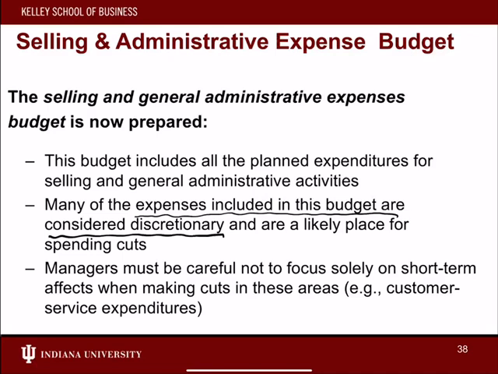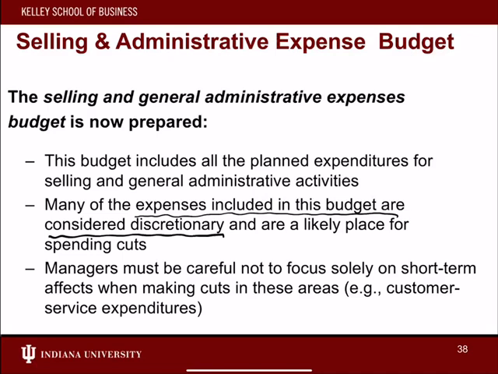But sometimes what you can do is go back and ask, where can we cut costs? Where can we decrease our marketing expense or decrease our materials expense? How can we get that budget in line with what we were hoping? And a lot of times, this SG&A line item is where you have a lot of discretion.